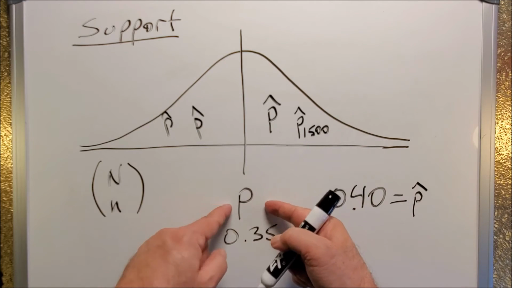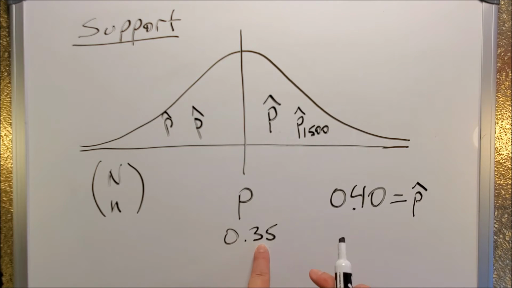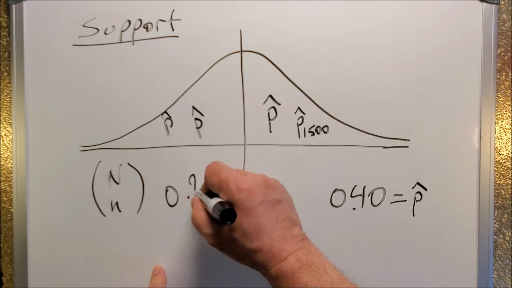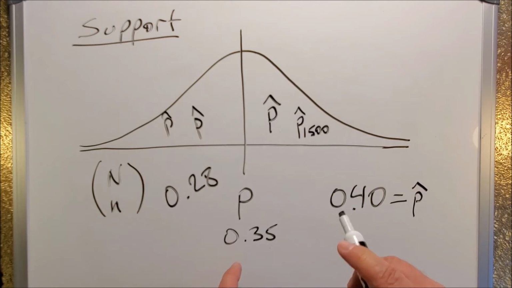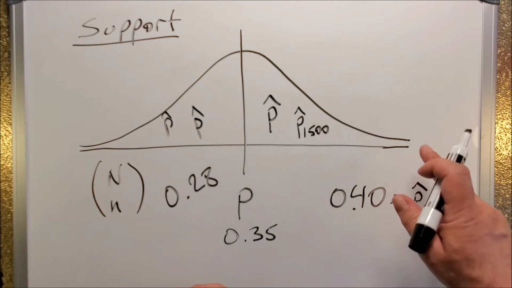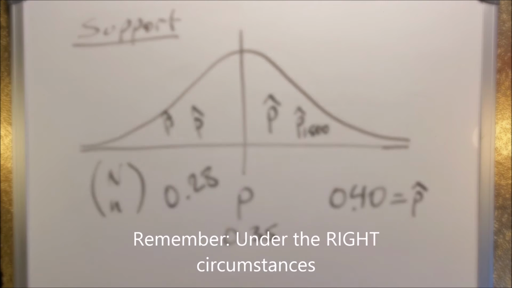So to the right of the mean, you have proportions that are greater than the population mean, in this case of 0.35. That's why this would be over here. On the other hand, if you had a proportion that was something less, it would end up over here. And we span the whole spectrum from 0 support to 100% support. Somehow this thing still ends up being symmetrical.